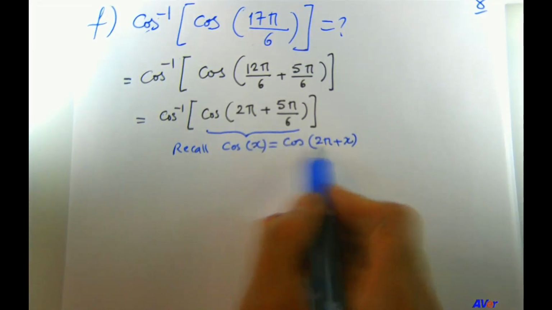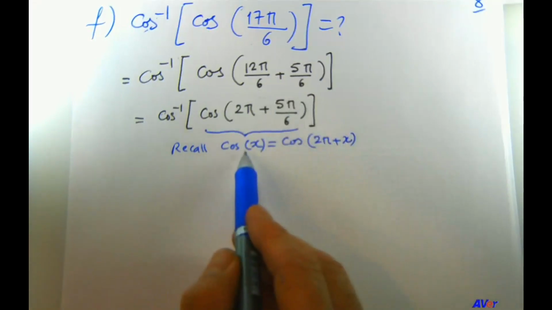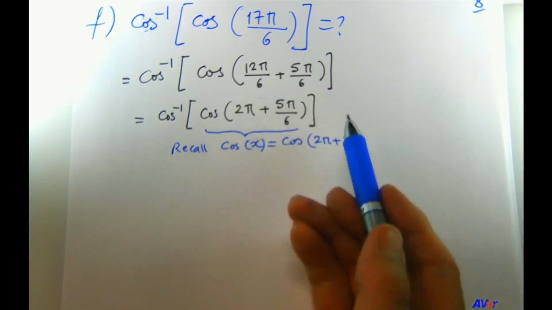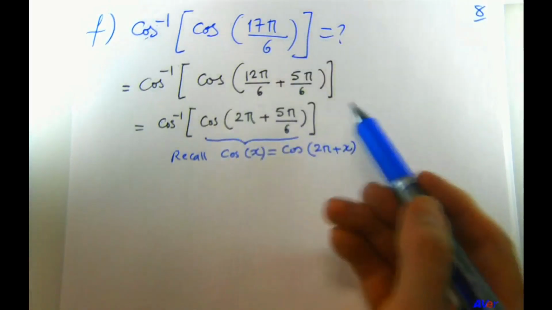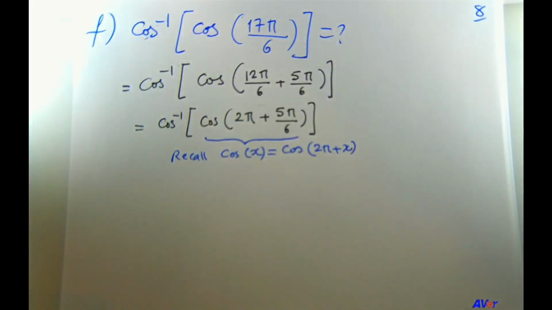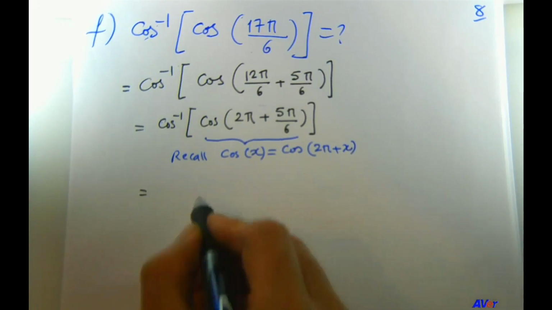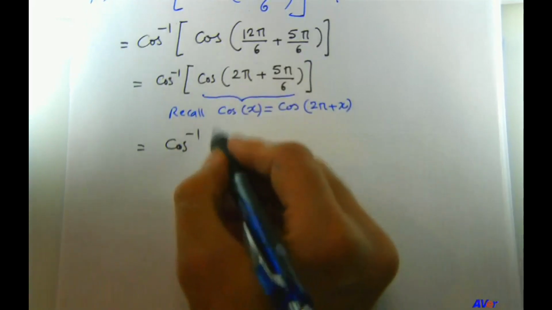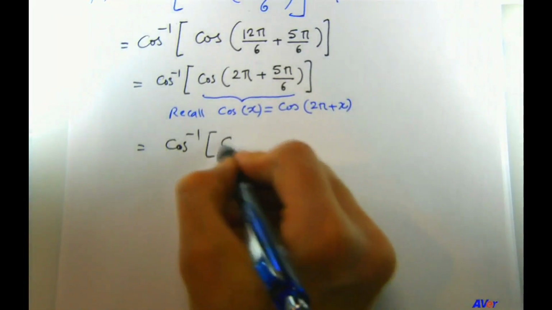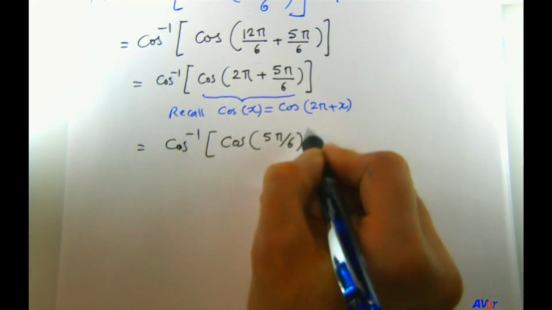So cosine has period 2 pi, so we can replace this whole thing by its equivalent, which is 5 pi over 6. After we broke this up, this is the benefit of that. So we can reduce this angle to something between 0 and pi. So therefore, we have inverse cosine of 5 pi over 6.